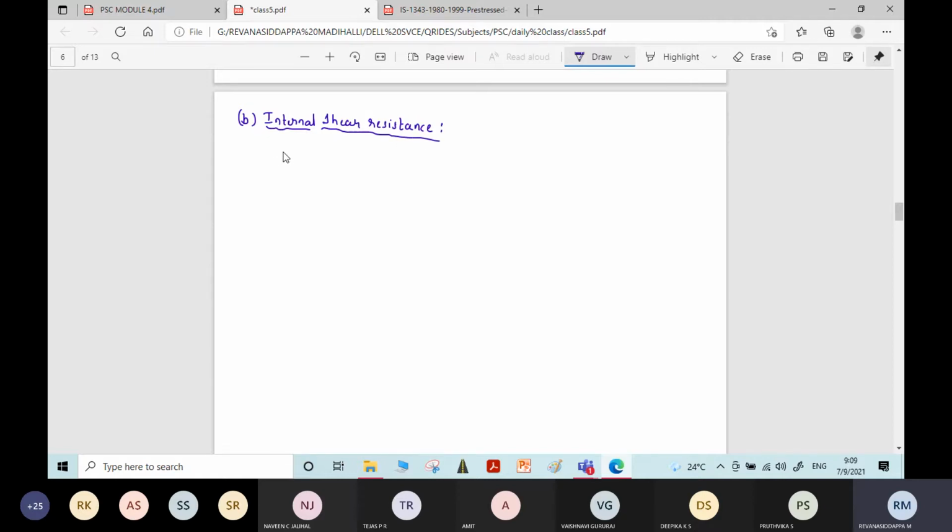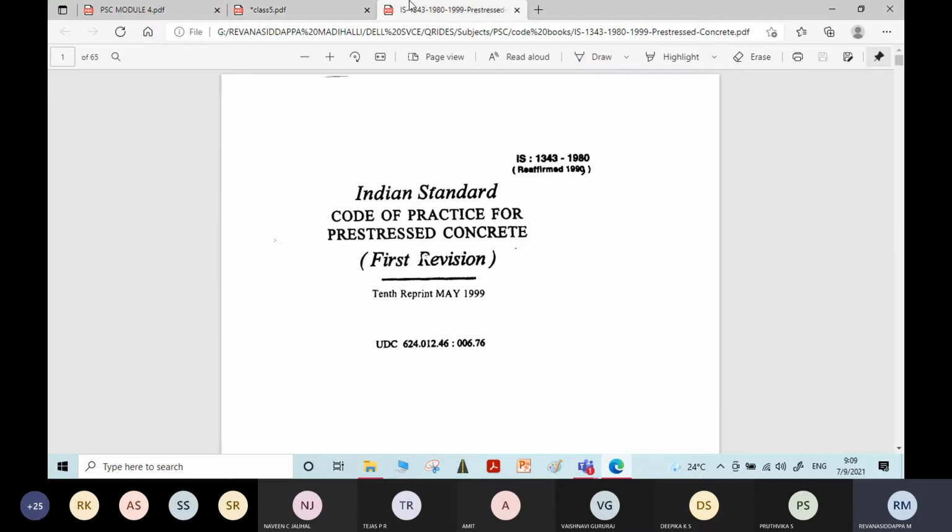For that, the formula is given in the code book itself, on page number 46.